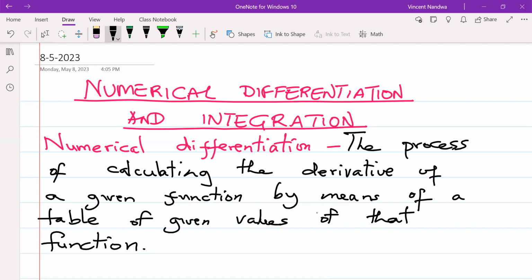So if we have only a table for values of x and the values of f of x, and we are asked to carry out the differentiation of the function that produced such a table, then we use the method called numerical differentiation.